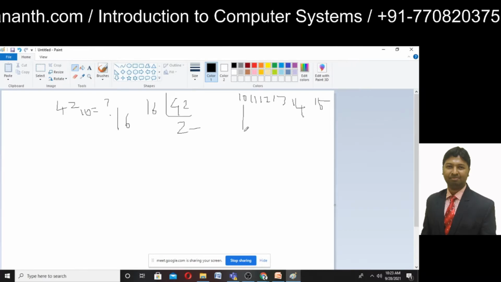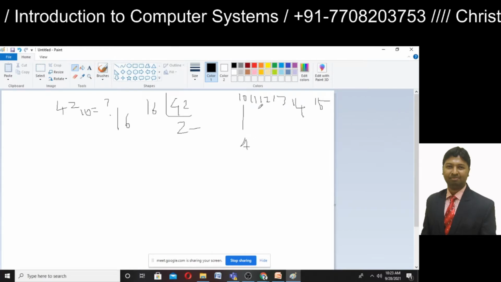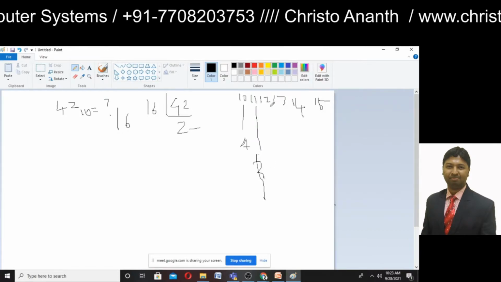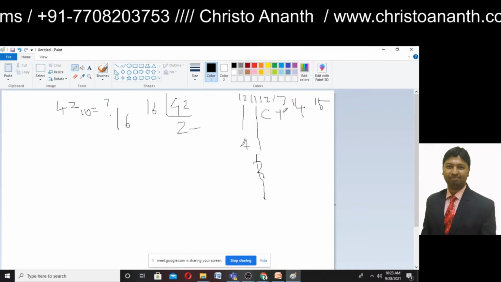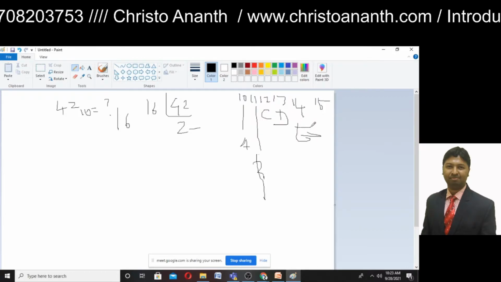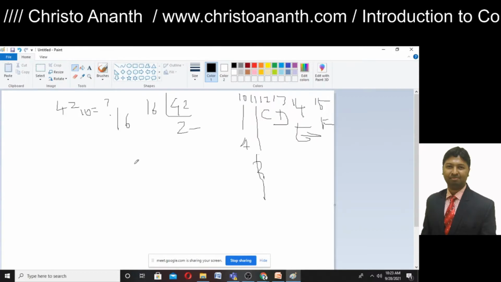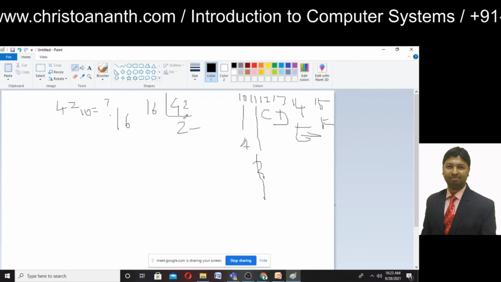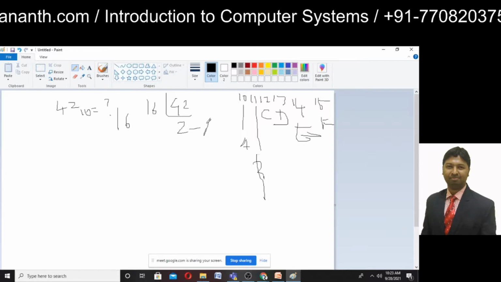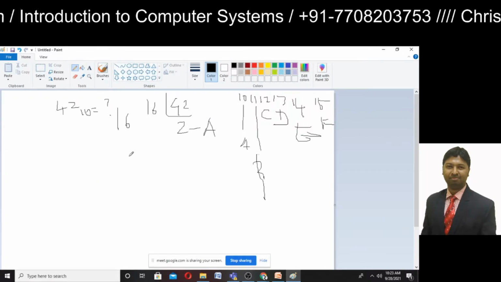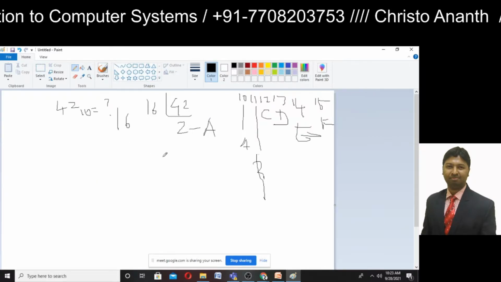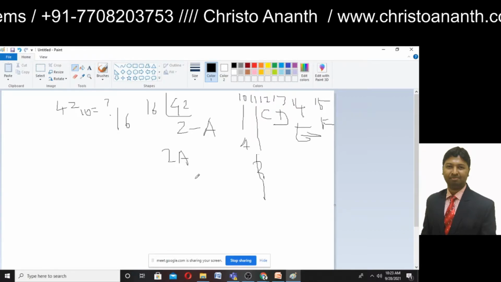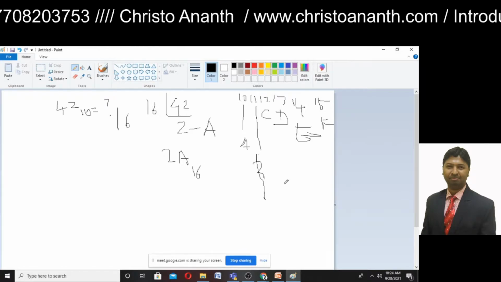In place of 10, it is A. In place of 11, it is B, then C, D, E, and F. So what's the remainder here? A. So what's the answer? 2A to the base 16.